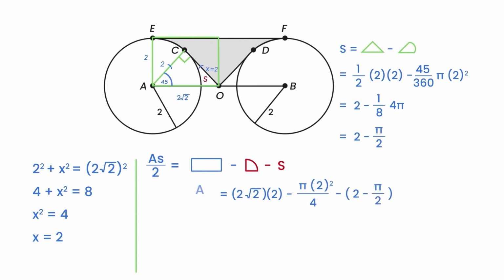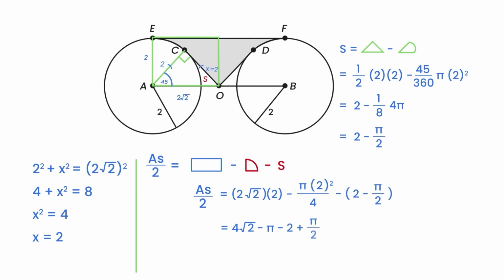So there we go. We have AS over 2. And then at the end, I'll double it to get AS, the area of the shaded region. So this one becomes 4 root 2 minus pi times 2 squared, which is 4. 4 over 4 is just 1, so that's just pi. And then when you take this out of the brackets, it becomes minus 2 plus pi over 2.